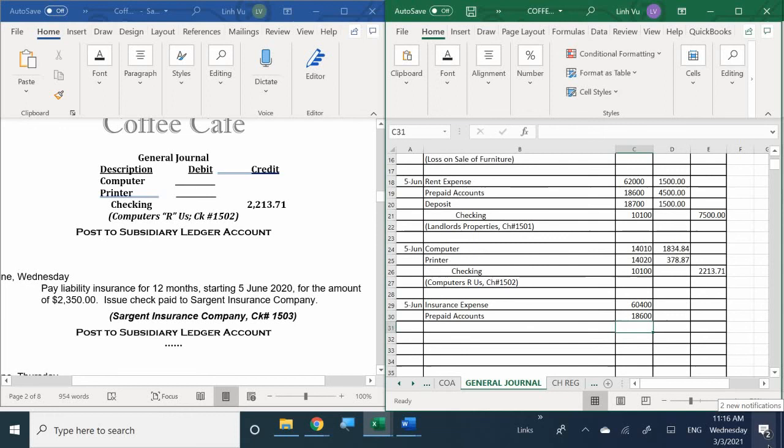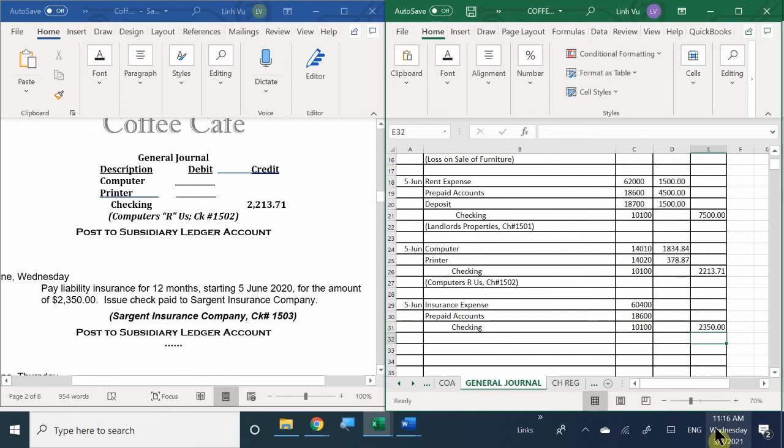And lastly, how did I pay for this? Checking. You paid with a check. So make sure you write checking, which is what account number? 10100. Okay.